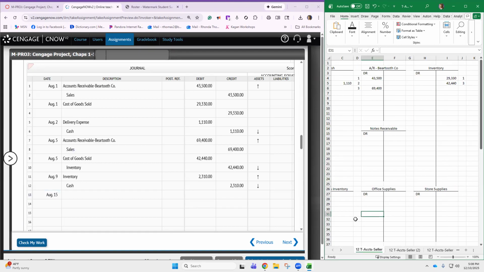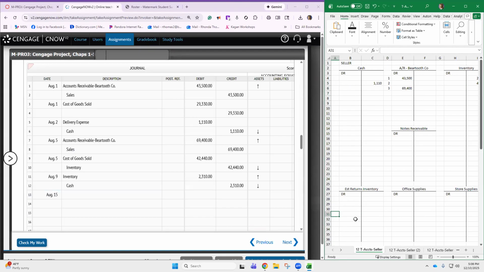And I would line up the T accounts if you're going to use them online or on your laptop. I would line up what T accounts you're going to work with before you get started, because that way you don't get confused. Because you're pretty much doing the accounting for both companies right now. So you've got to put your seller hat on or your buyer hat on.